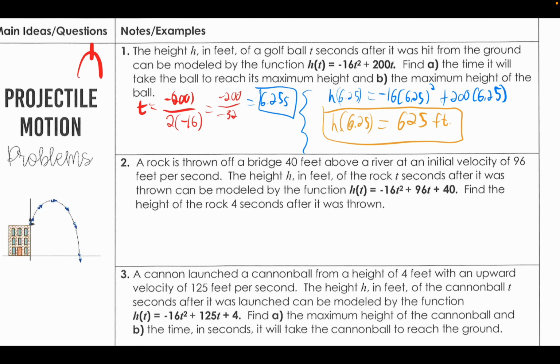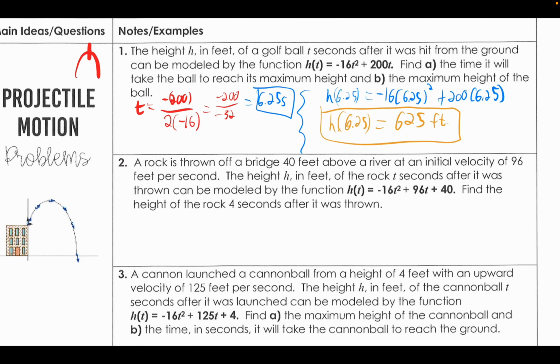Number 2, a rock is thrown off a bridge 40 feet above a river at an initial velocity of 96 feet per second. The height h in feet of the rock t seconds after it was thrown can be modeled by the function as following. Find the height of the rock 4 seconds after it was thrown. So we're trying to find height when t is 4. So this is telling us that t equals 4.